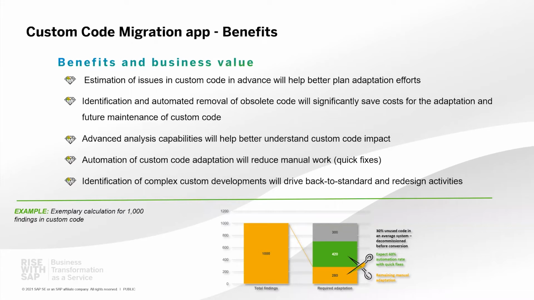Also, if you consider using the clean code dashboard, then you can identify complex custom code developments, and hopefully it will drive your back to standard and redesign activities. In this way, you can get rid of complex code, of outdated code, and approach the clean code principle.